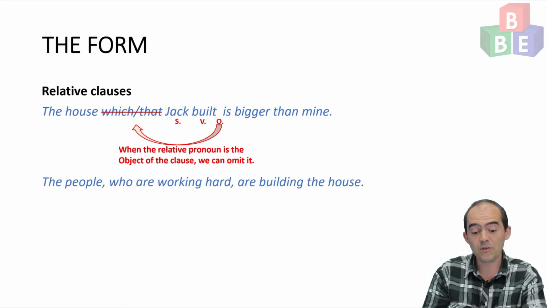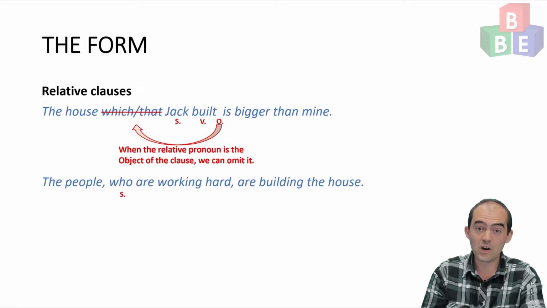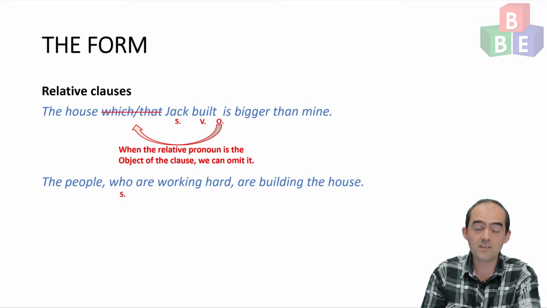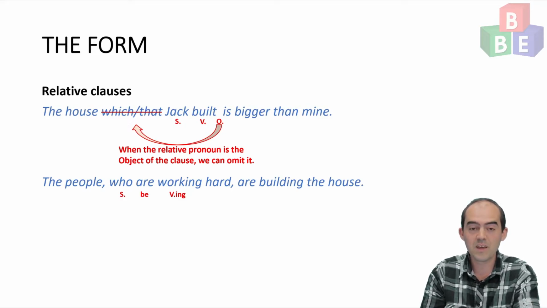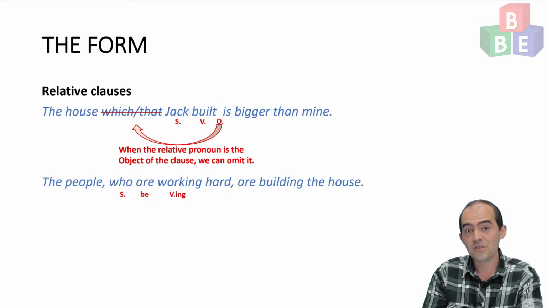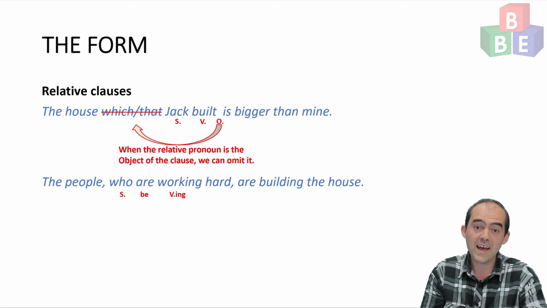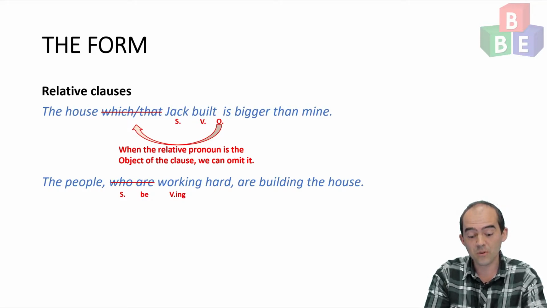In this relative clause, we have the relative pronoun who functioning as the subject, then an auxiliary be, and then a verb ing, making this a present continuous relative clause. In this case, I can choose to reduce the relative clause by omitting or removing both the relative pronoun who and the auxiliary be, like this. The people working hard are building the house.